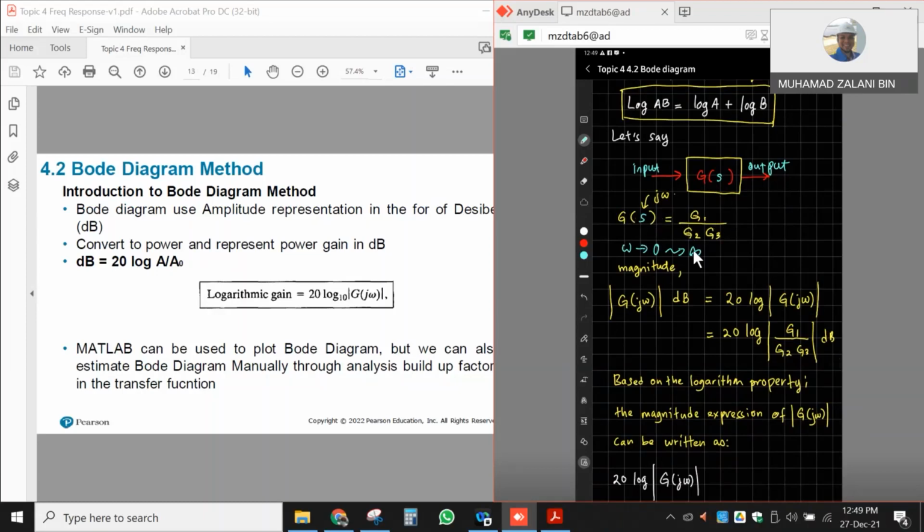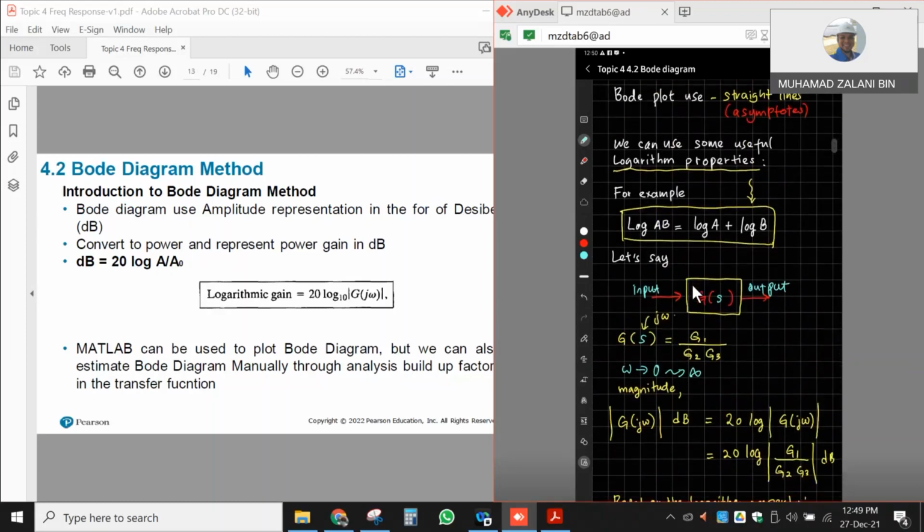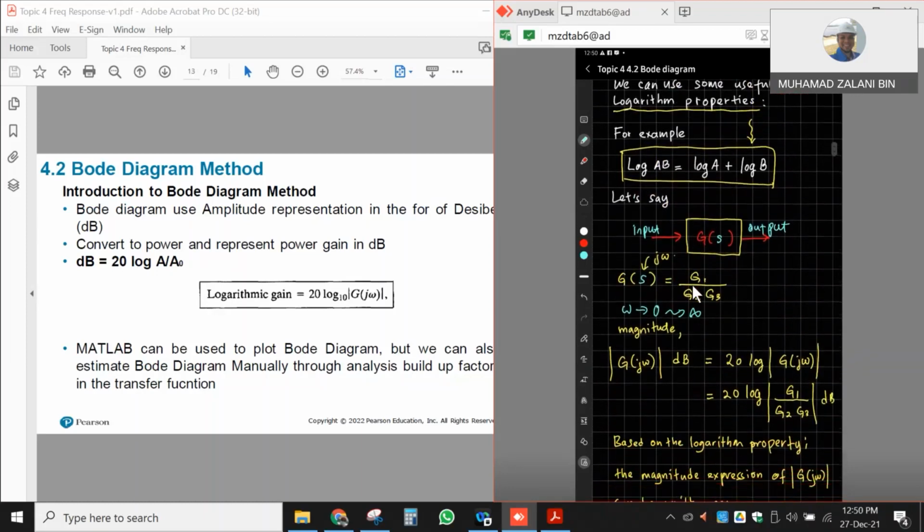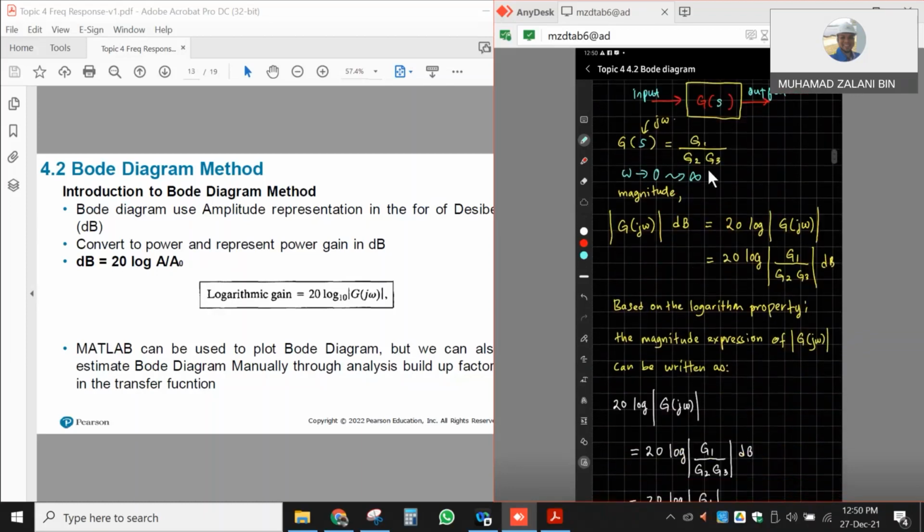Let's say we have this particular system, G of S equals G1 divided by G2 times G3. We can use the advantage of logarithm properties to further compute this system.